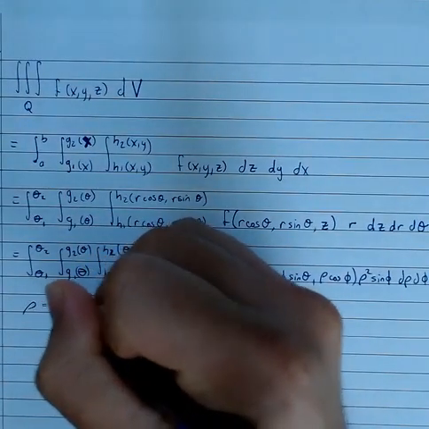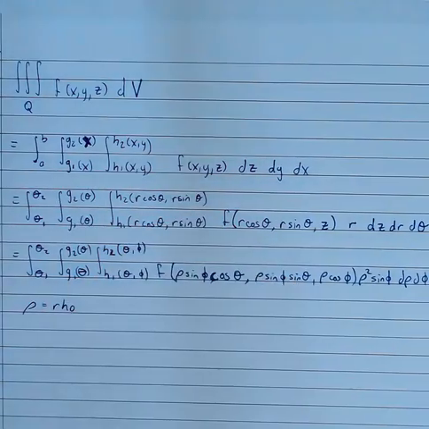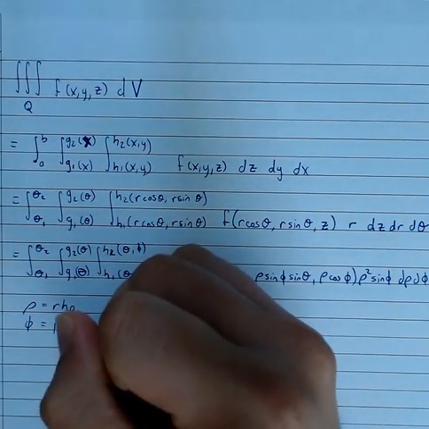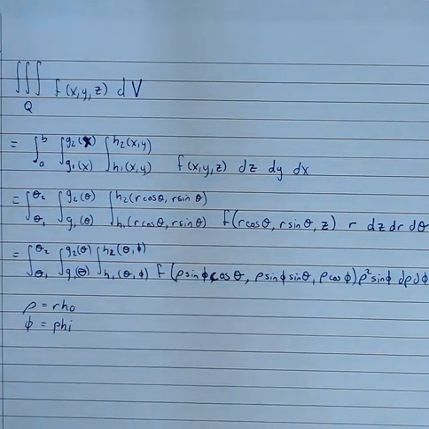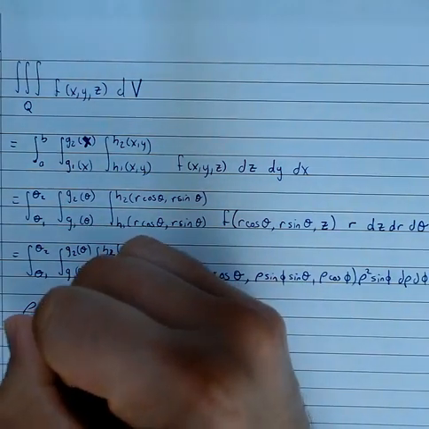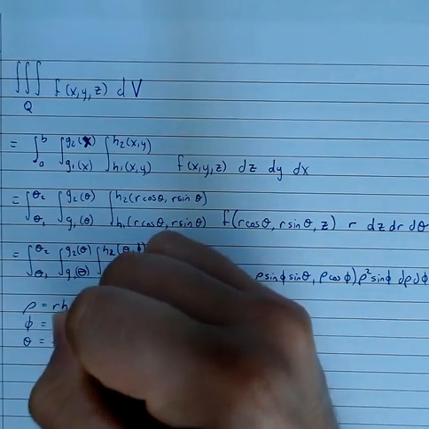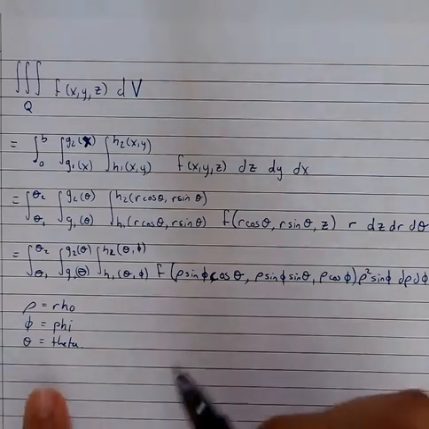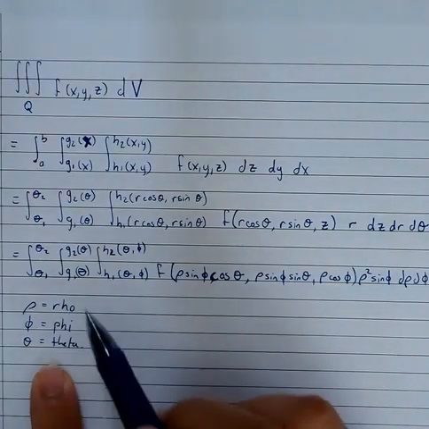This is pronounced rho. This is pronounced phi. All right. We know theta, but let's just remind ourselves that's theta. Okay. And let's remind ourselves of what these mean.